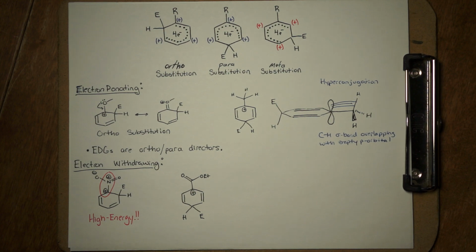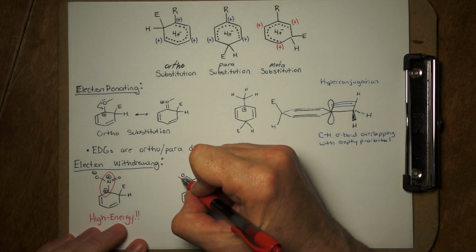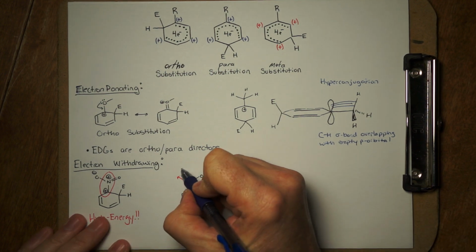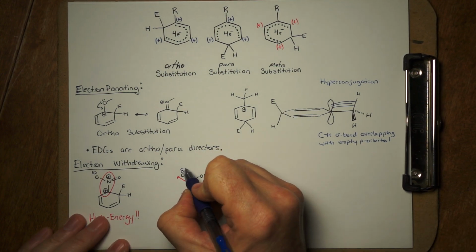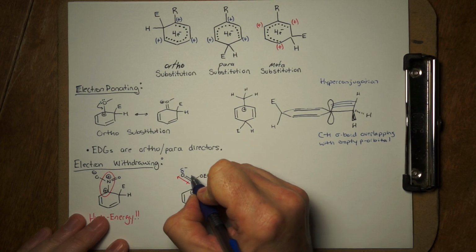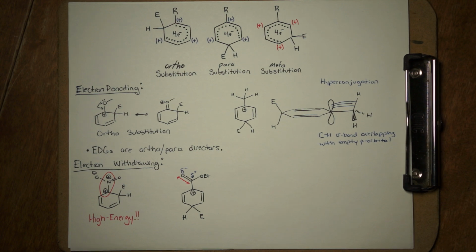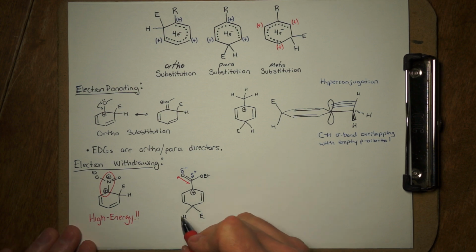And you might be looking at this and saying, well, there aren't two positive charges right next to each other, so why would this be so bad? Well, we have to understand that carbonyl is polarized towards oxygen, right? There's going to be a significant partial negative charge on oxygen, significant partial positive charge on carbon, which is why carbonyls are so electrophilic, so reactive as electrophiles. All right, and as a result, this is also going to be a very high energy intermediate.